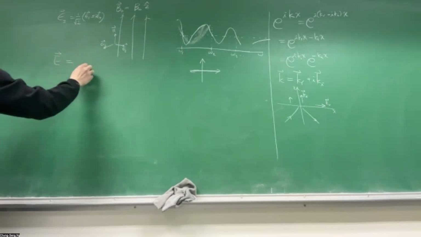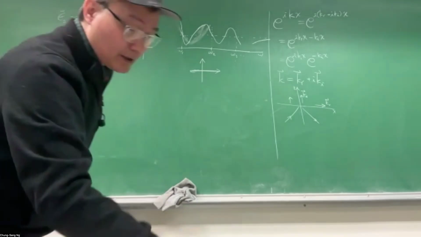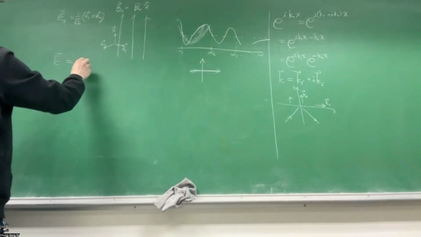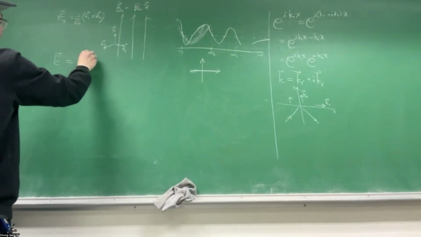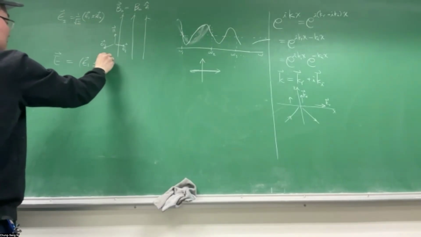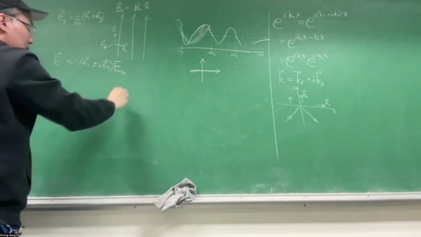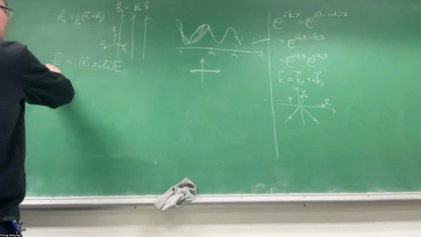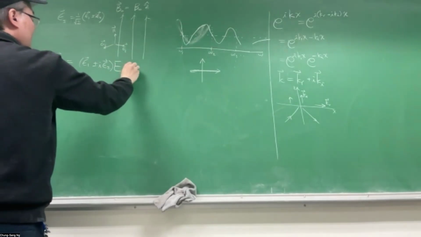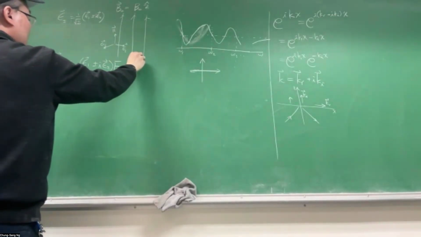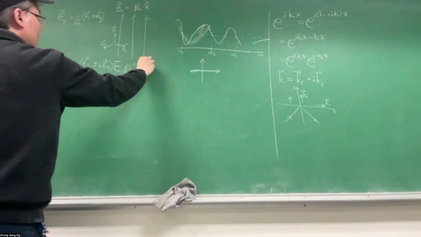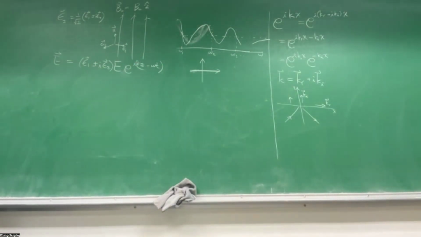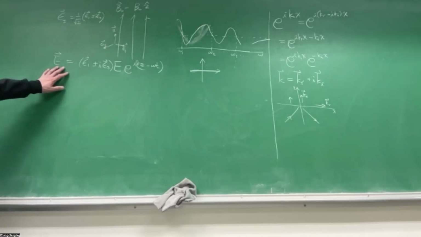The E field has a magnitude E, and obviously this is e to the i, k z minus omega t. Just assume you have a wave that is of this form.